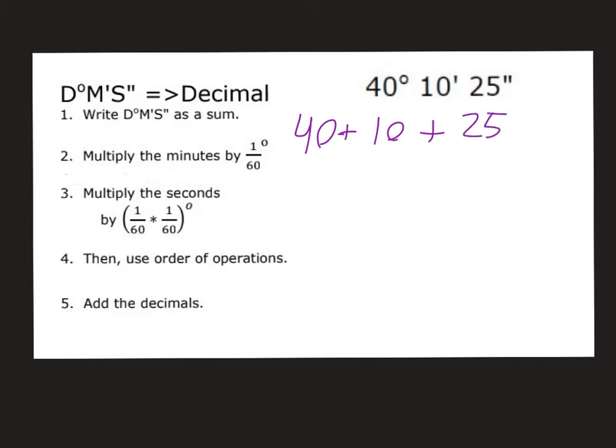Then I'm going to multiply my minutes by 1 over 60, which is the same as dividing it by 60. I'm then going to multiply my seconds by 1 over 60 times 1 over 60, which is the same as 1 over 3,600.